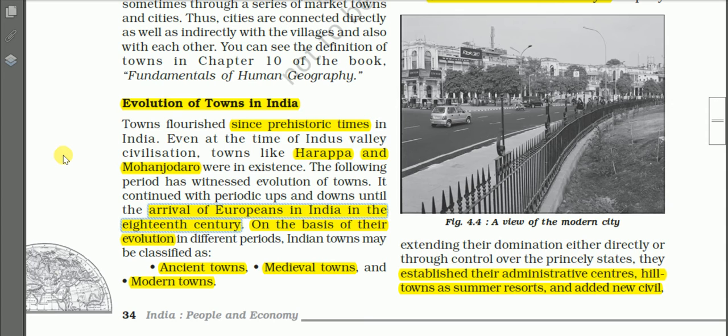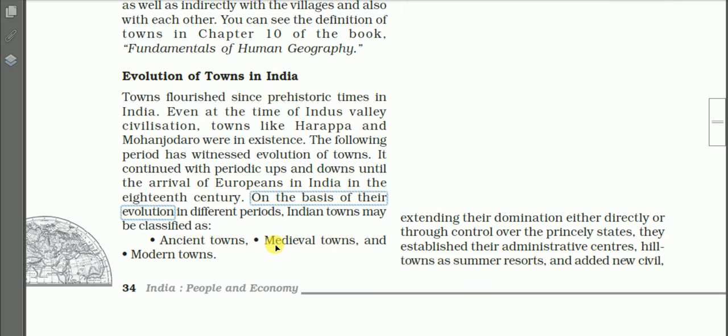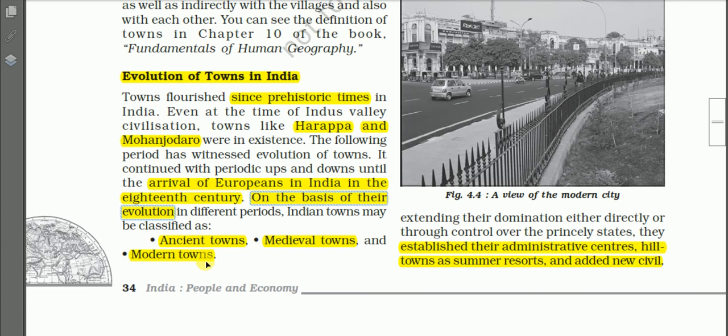And now, on the basis of evolution of towns, Indian towns may be classified as ancient towns, medieval towns, and modern towns. These are the three types of towns on the basis of evolution.